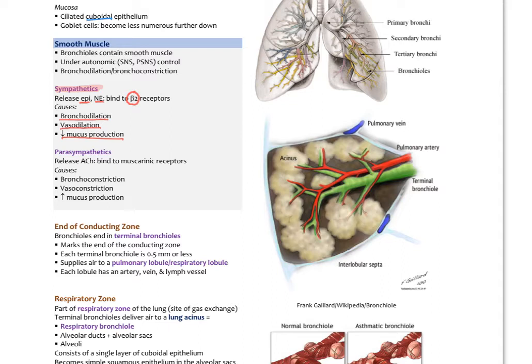Now, you've probably seen people take their inhalers for asthma. There's several different types. Some of them are steroids, but for the acute acting bronchodilators, there's two different types. They are called short-acting bronchodilators, SABAs, short-acting beta agonists. They are beta-2 agonists that bind basically to that receptor, and they cause all those effects, bronchodilation, etc. So they're kind of mimicking your sympathetic nervous system.